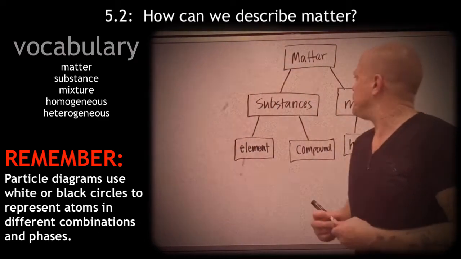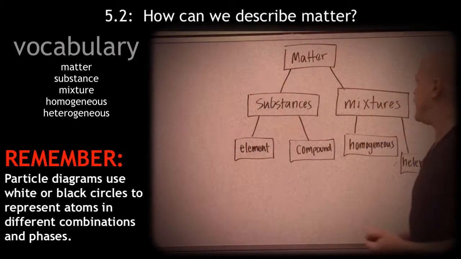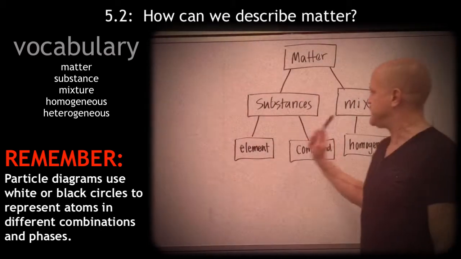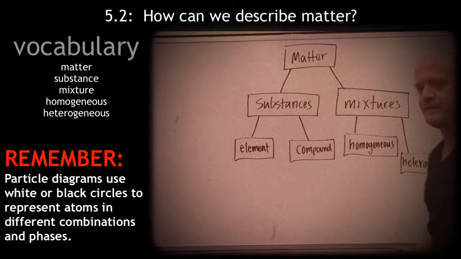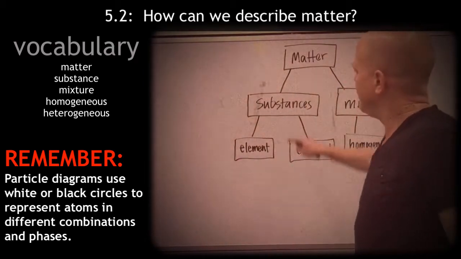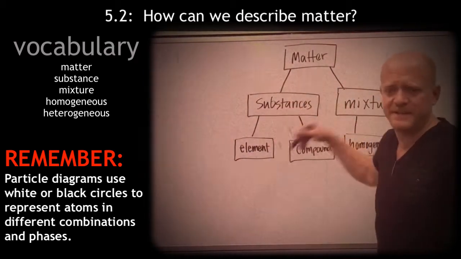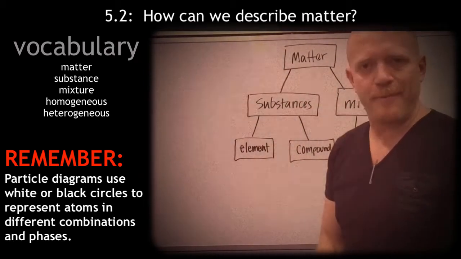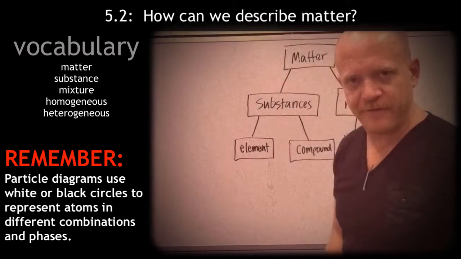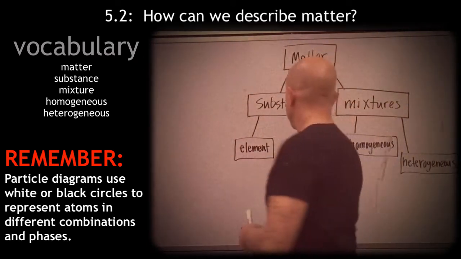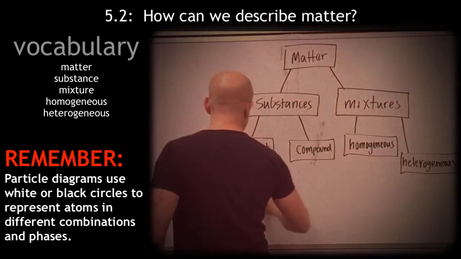I'm going to show you some particle diagrams, and I'm going to use particle diagrams for these four types of matter. These are categories. We have pure substances, we have mixtures. In our particle diagrams, I'm going to use two different colors. So I'm going to draw four different boxes.